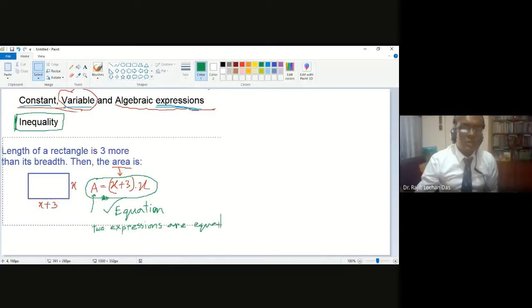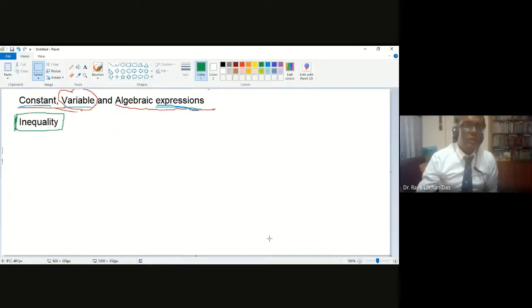So in the inequality, actually, we have two expressions which are not equal.